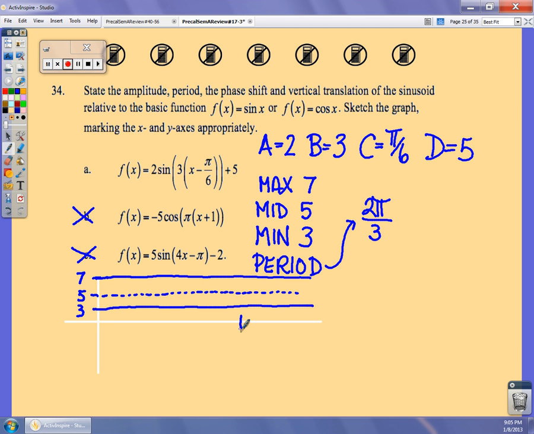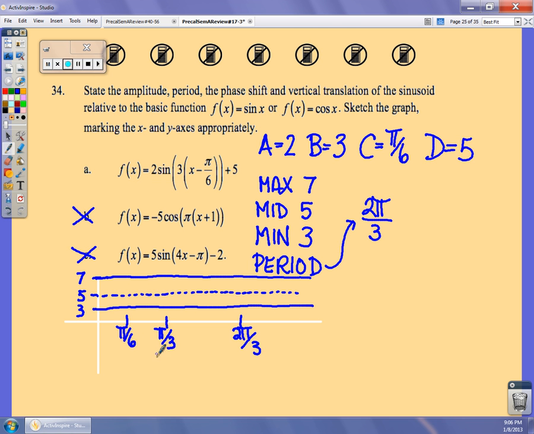And leading up to that, we would do everything. Because our phase shift is pi over 6, let's rewrite everything in sixths. So, if this is 2 pi over 3, half of that would be pi over 3. Half of that would be pi over 6.